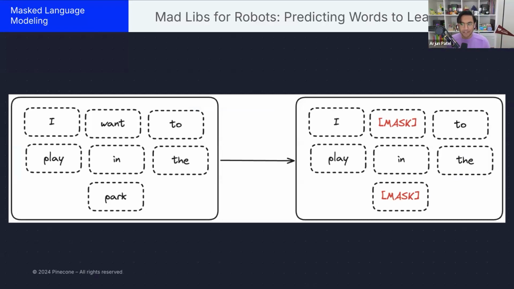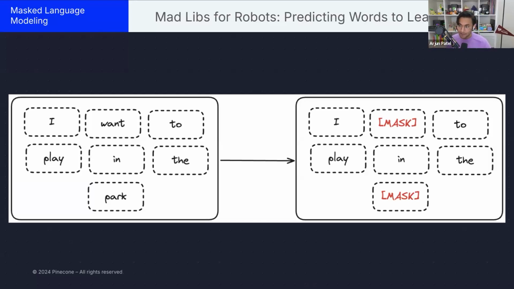And this is very similar to the distributional hypothesis that we just talked about, which is that there are words that occur with other words and we can infer their meaning based on their neighbors. It turns out if you do this at scale across languages and you continually train a model to get better and better at this task, it will learn what words should go where in any given sentence on average.